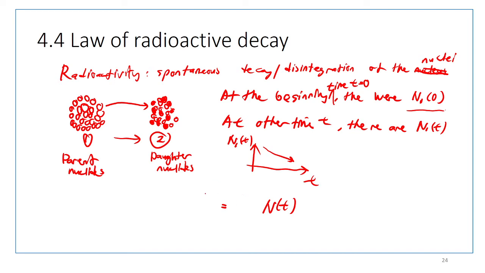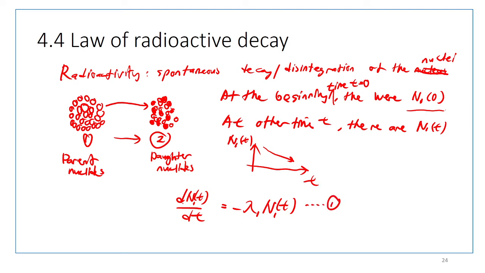This reduction can be expressed as dN1/dt equals minus some constant, lambda 1, times N1. Let's call this equation number 1.